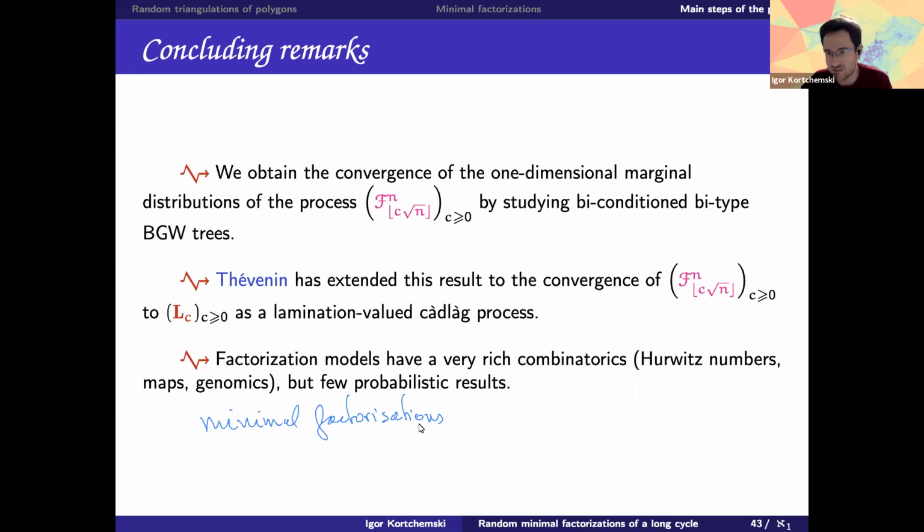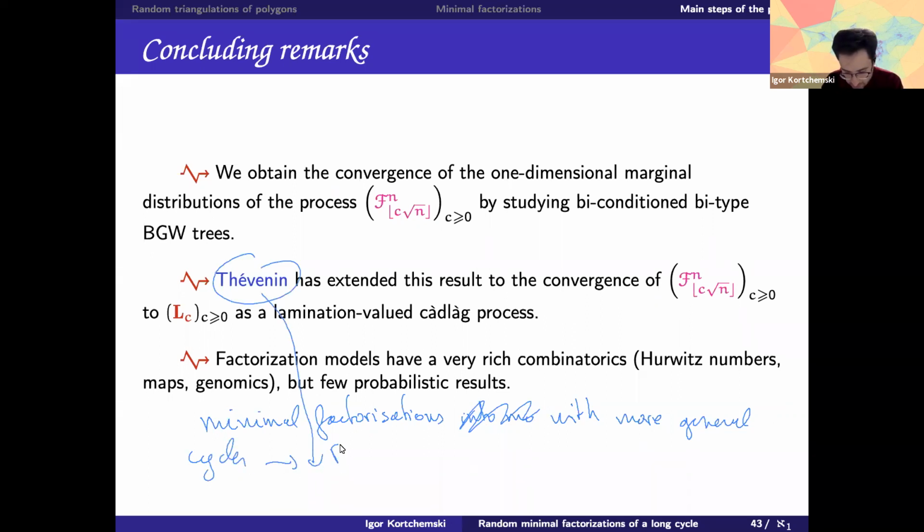You can allow, for example, 3-cycles and so on. This is something that Paul has studied. You can even put weights, for example, a weight w(k) for using a k-cycle.